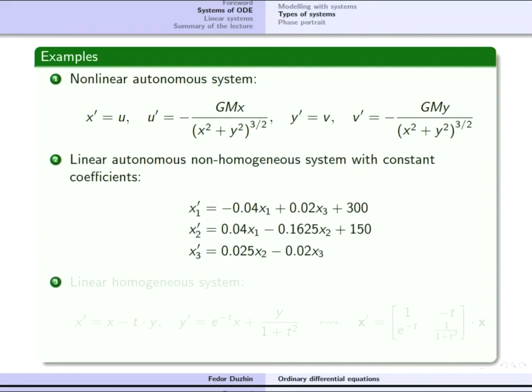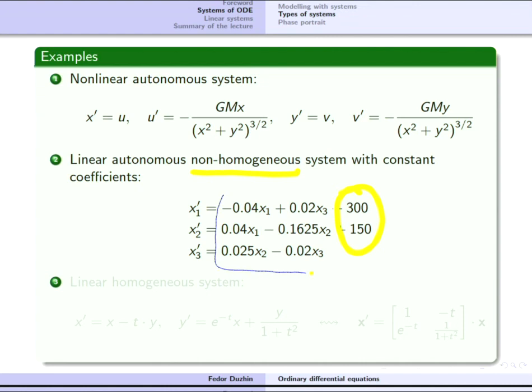The system that we got from modeling the sweet water in the tanks is autonomous because the right-hand side does not include t. It is linear, but it is not homogeneous because we have the plus something in the end. The non-homogeneity is this. This is how we know that it is non-homogeneous.